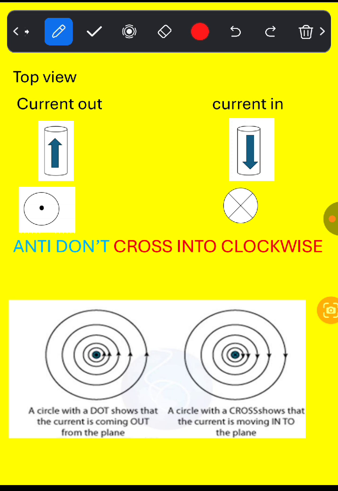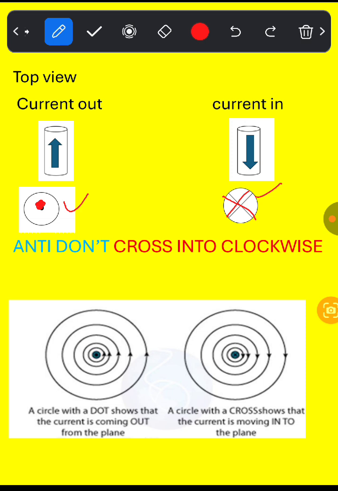So here in this top view where we have got a dot, and here where you have got a cross, if you want to determine the direction of the magnetic field, the dot represents the current that is going out, and the cross represents the current going into the page, right?